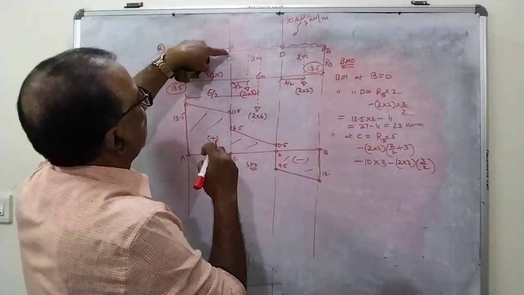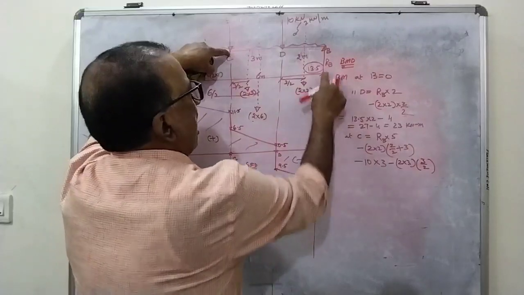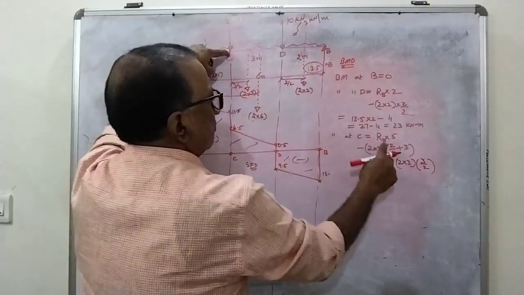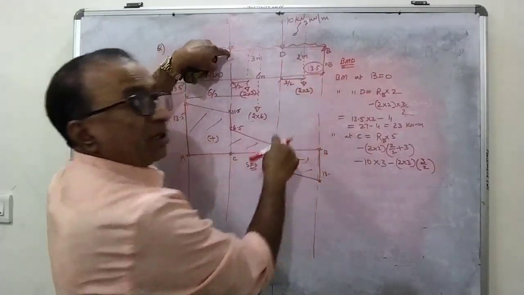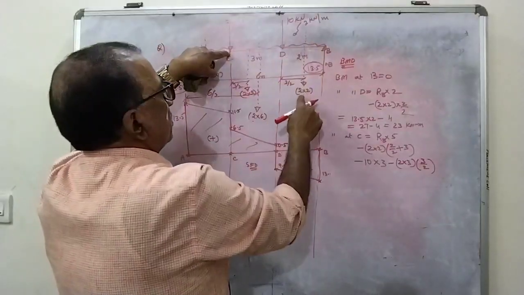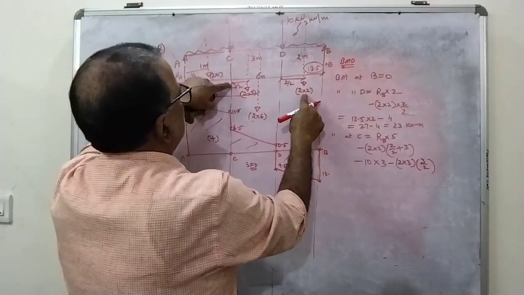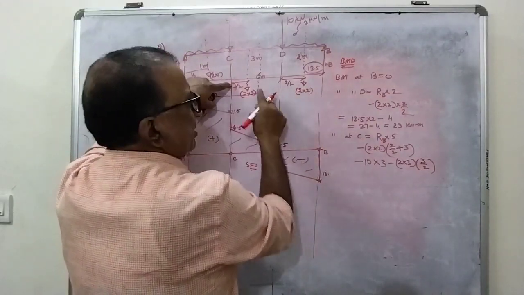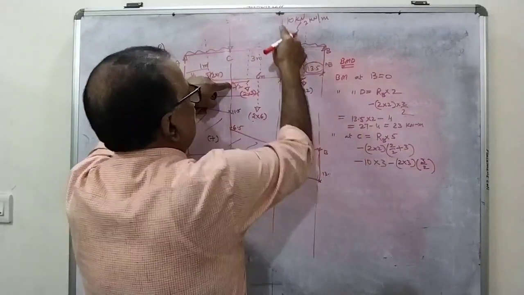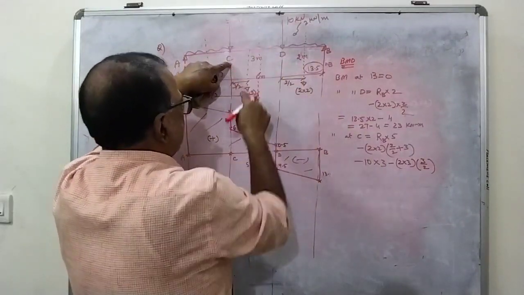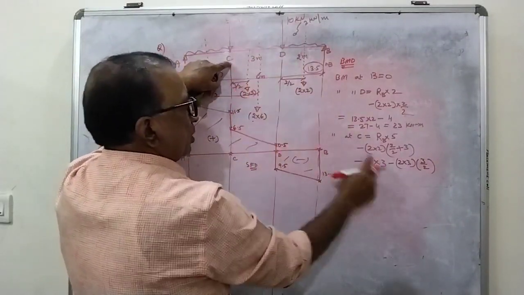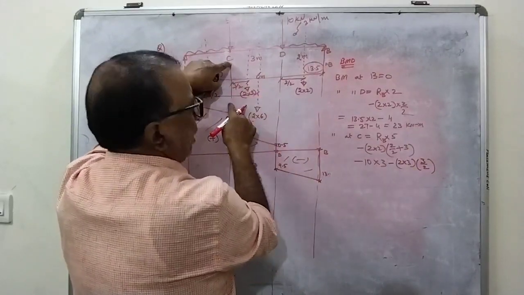Once again I am repeating, bending moment at C. RB into 5, right? Next, this small UDL, 2 into 2 into what is the distance up to C? 2 by 2 plus 3. Next is this point load, minus 10 into 3. Next is this small UDL between C and D, 2 into 3 into 3 by 2.